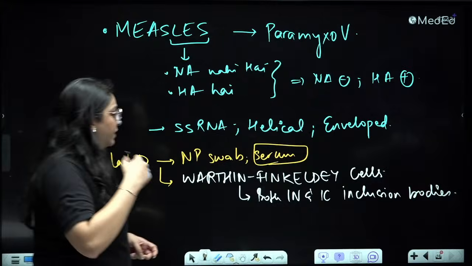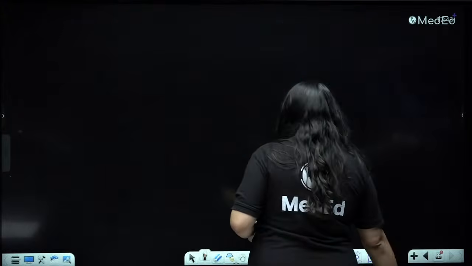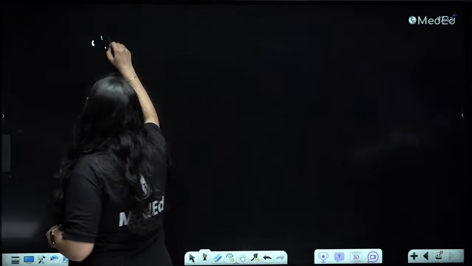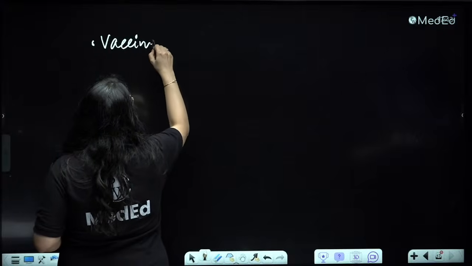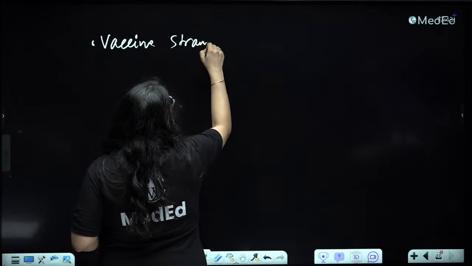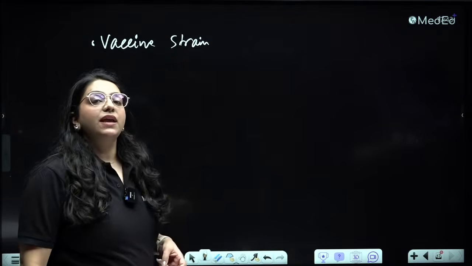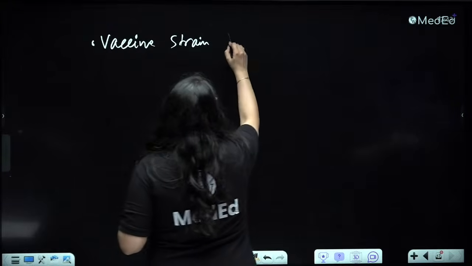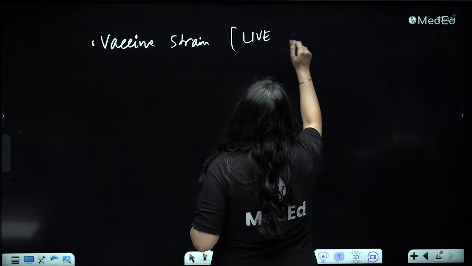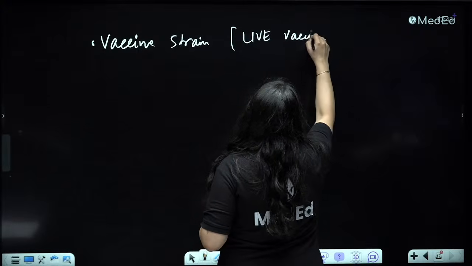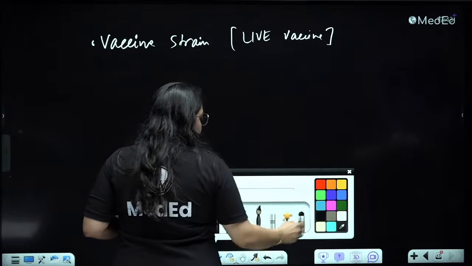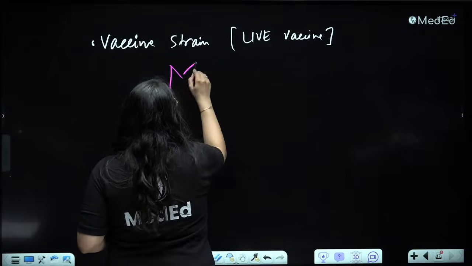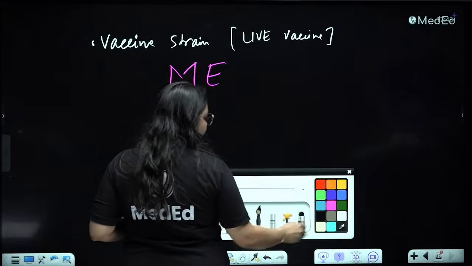So all the important points we have noticed. Vaccine. Let's talk about the vaccine for measles. Vaccine strain. So you remember Japanese chick on a Bombay train where M was MMR. So it was a live vaccine. Measles is an example of live vaccine. And what was the mnemonic for remembering the strains?